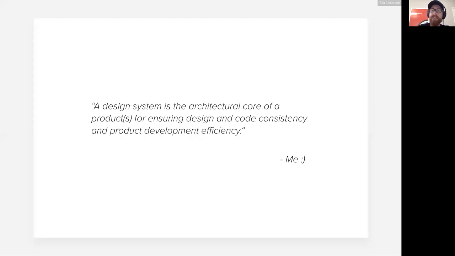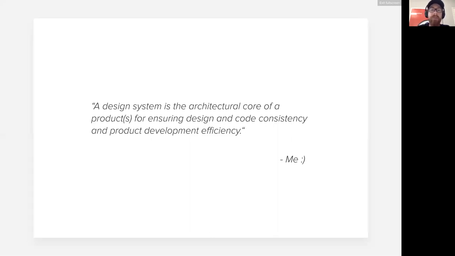Another way to define a design system is from the architectural point of view. And this is my definition that I'm using to explain design systems to our customers and to our teammates as well, so they can grasp what we are really working on. I'm saying that a design system is really the core of the architecture of a product.